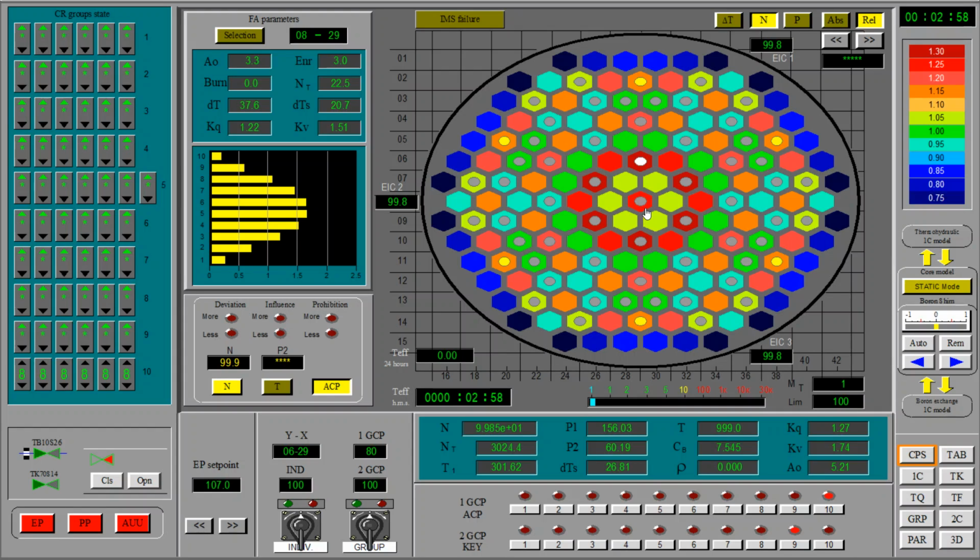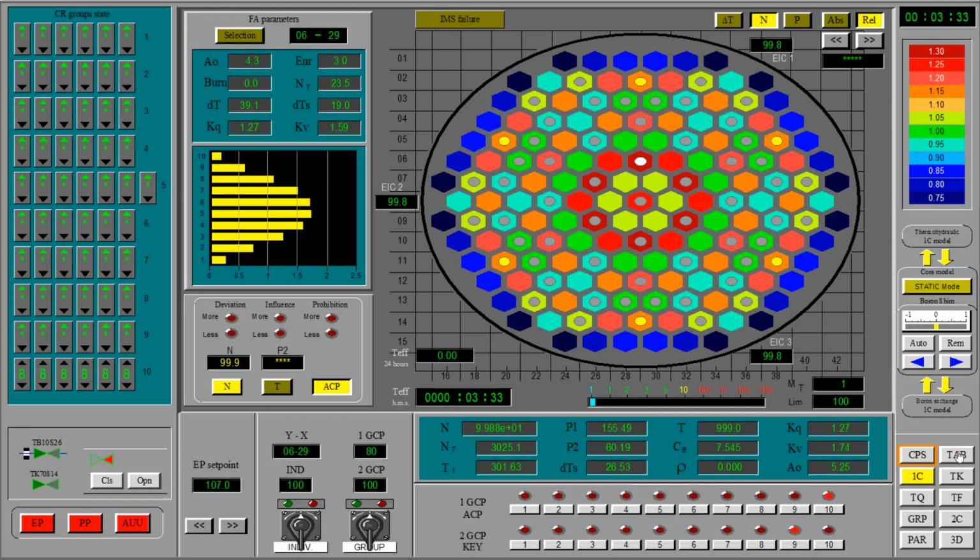The central one is at 20 from boiling. This one is at 19.7, and this one is at 19.2. Okay, so this is the most critical. These 6 also contain control rods, but actually now the control rods are totally withdrawn in this group, which is group 6. So it's the same as if they were not here.